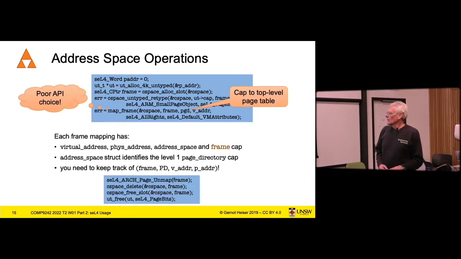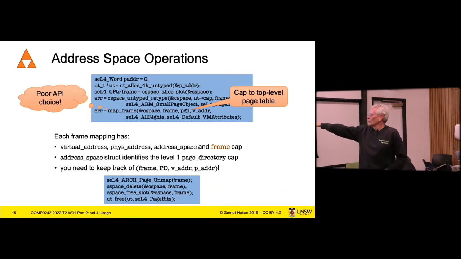And when you have mappings, you can undo them by doing unmap. And there's again the functions here. seL4 arch page unmap. Arch refers to an architecture specific API. You can unmap a frame, and then you can delete the entries in the C space, free up the slots, and recycle the capabilities.